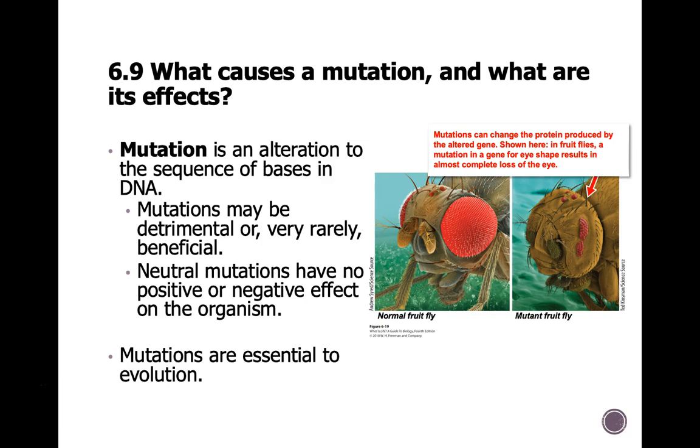And that leads to an alteration in phenotype. So here we have a mutation in the fruit fly eye that is produced by an altered gene. In this gene alteration from the normal to the mutant fly, the fly essentially loses its entire eye. This is called the eyeless gene, and when the mutation occurs in an eyeless gene, you end up with a fly with no eye.